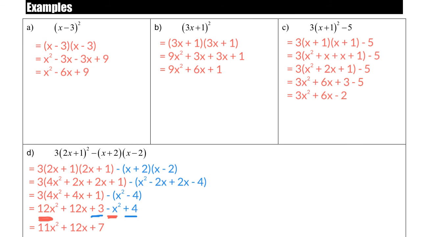So 12x squared minus x squared is 11x squared. 12x is by itself, so it stays the same. Plus 3 plus 4 is plus 7. So there you go. I took this complicated thing and turned it into simplified standard form by expanding.